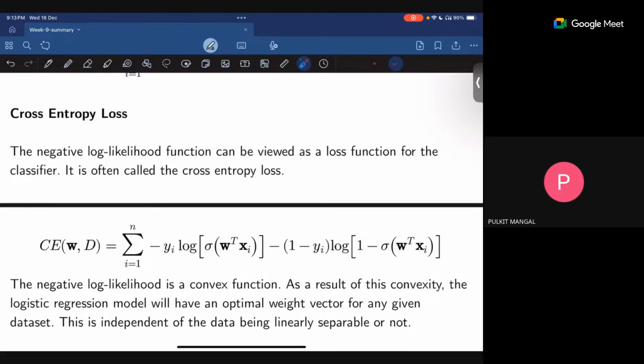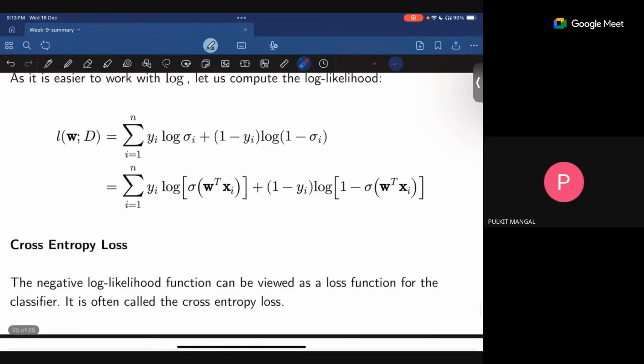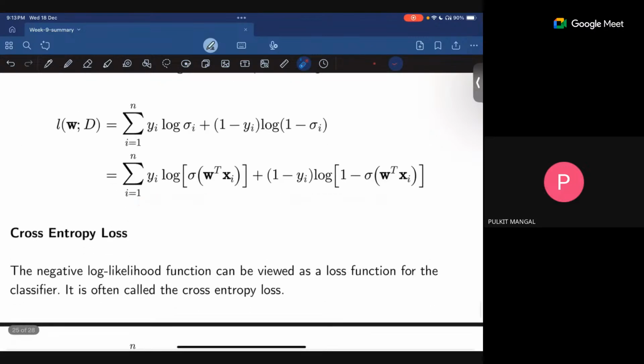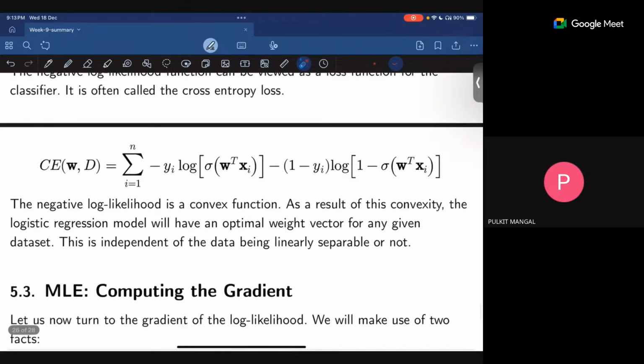When you take the log likelihood for logistic regression while doing the MLE, the negative of that log likelihood you can view as the loss function, and it is called the cross entropy loss. If you take the negative of this, you can view it as a loss, because in the negative case you want to minimize it, and loss is something that we try to minimize.